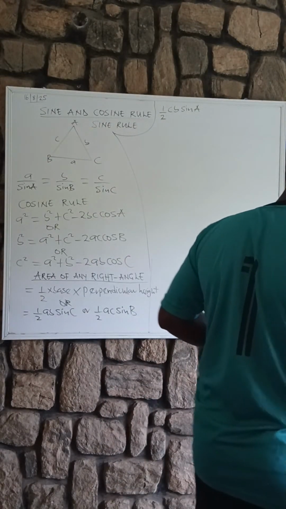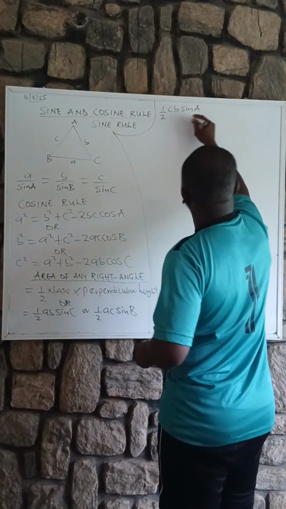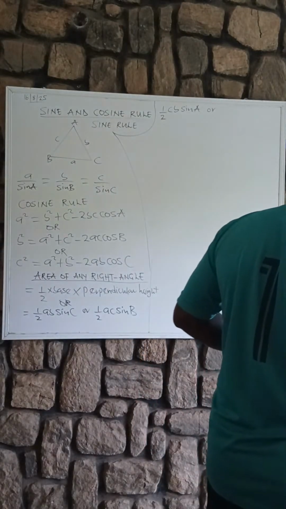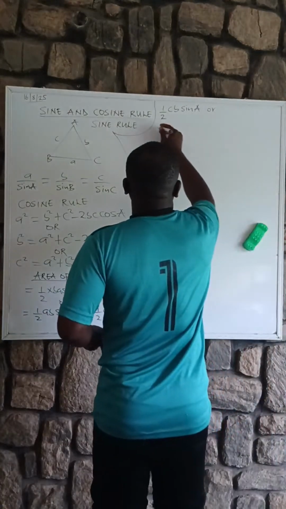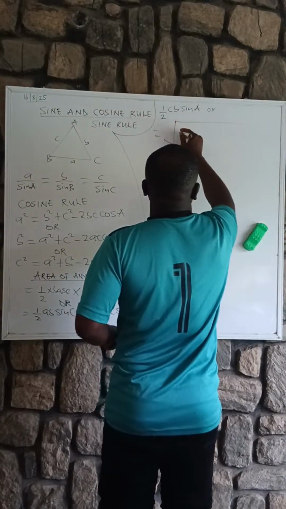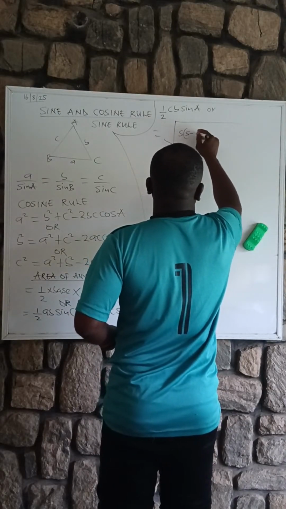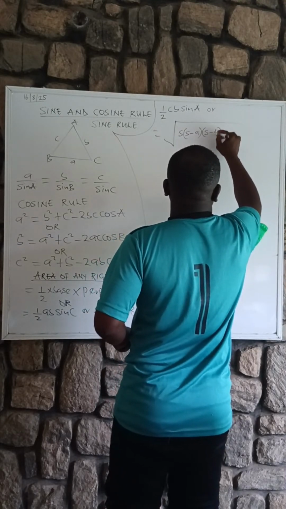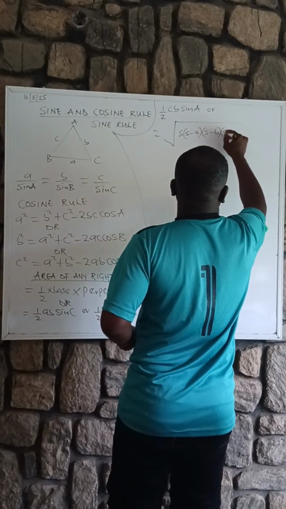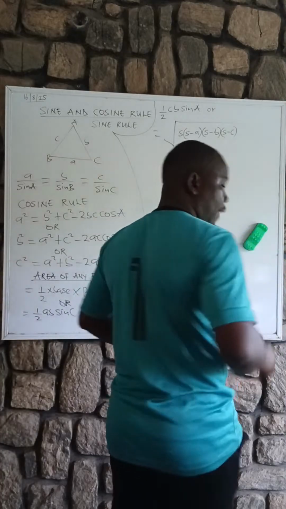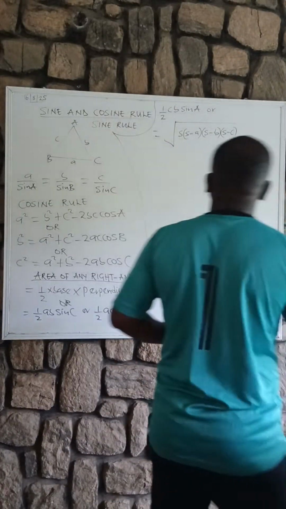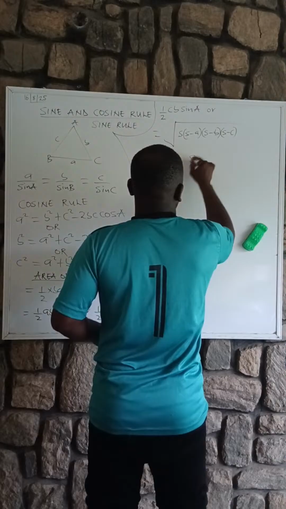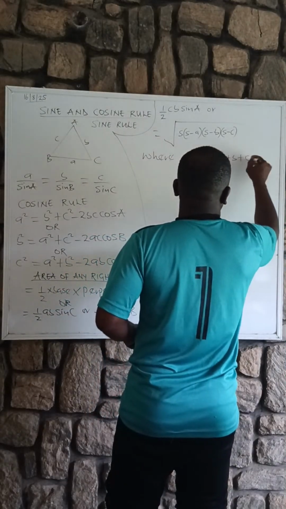Or the square root of S open bracket S minus A times S minus B times S minus C, if I'm not mistaken, where S is equal to A plus B plus C all over 2, right?